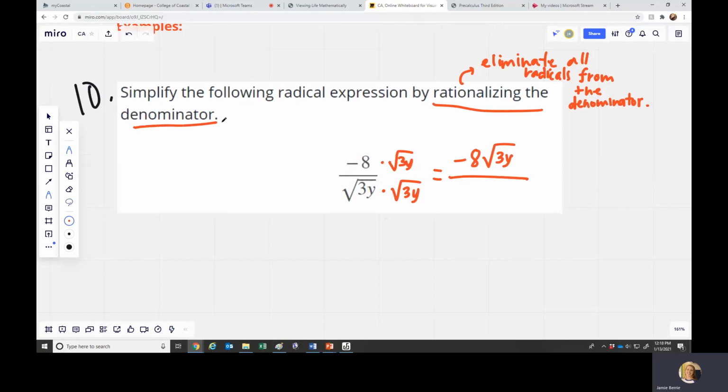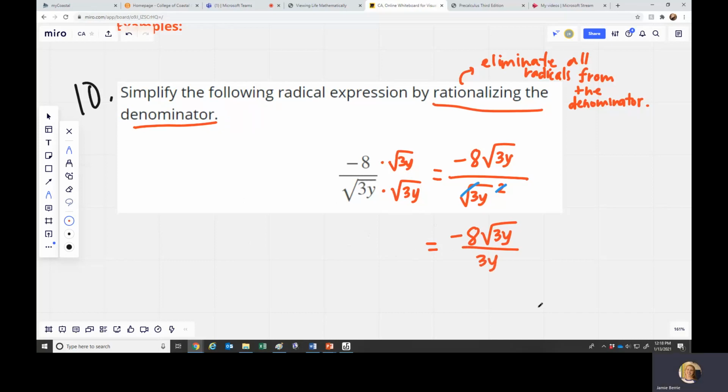Now, another way we could write this, the square root of 3y times the square root of 3y, that would be like the square root of 3y squared. Now y'all remember, this is a square root, this is a squared, so those are going to cancel each other out. So bang, bang, those cancel out. And look at that, already we've gotten rid of our radical down there. -8 times the square root of 3y over 3y.